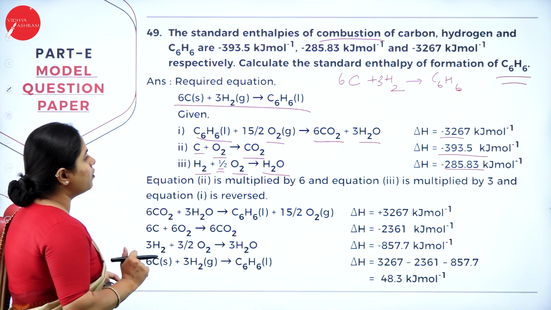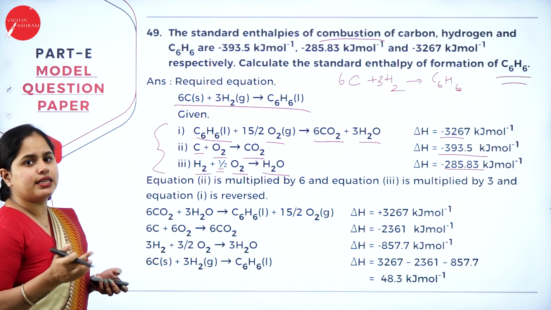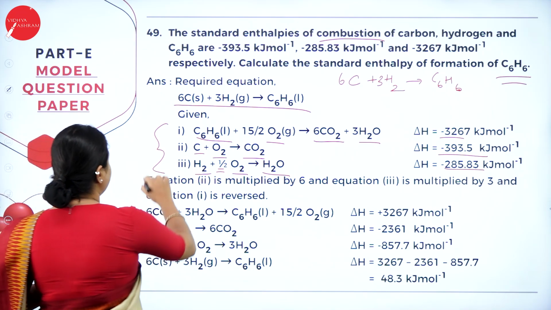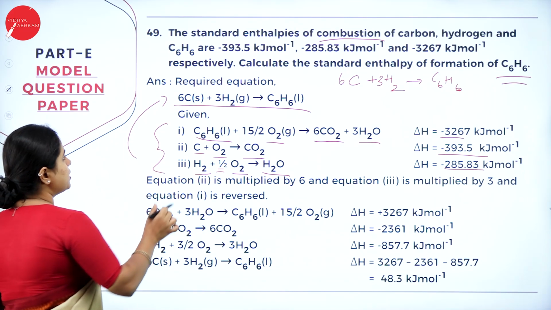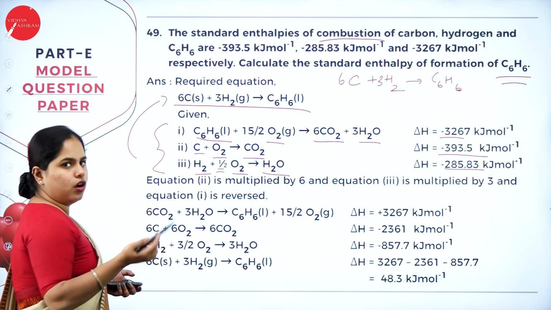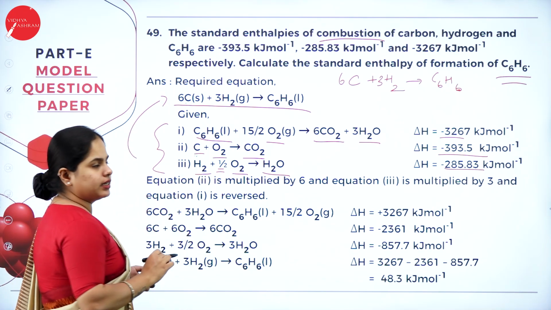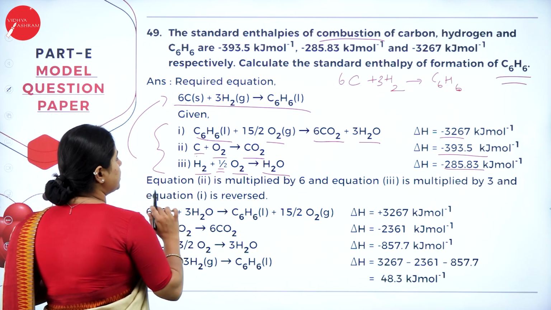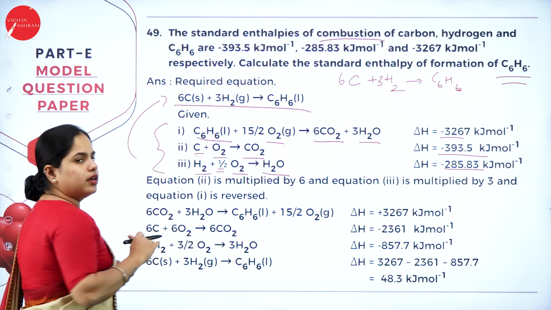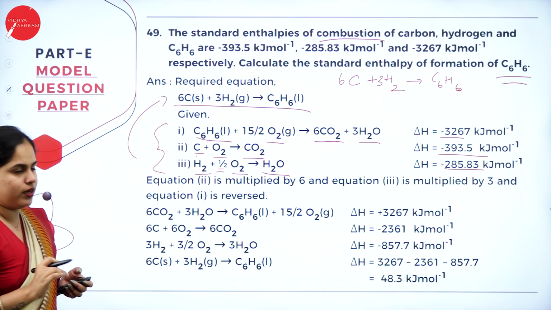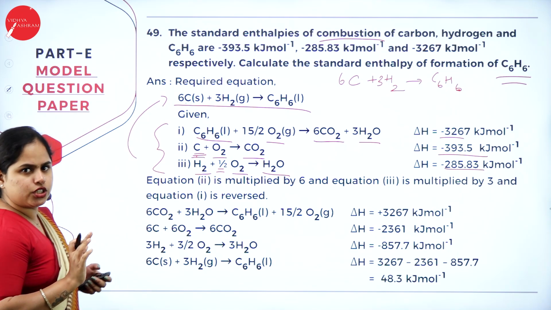Okay. So now we have to look at these three equations and make the necessary adjustments so that I obtain this equation. That is basically what I have to do. You can see carbon is present on the reactant side in the second equation, so there is nothing much I have to do. Carbon is on the reactant side in the required equation, and carbon is on the reactant side in the given equation also.